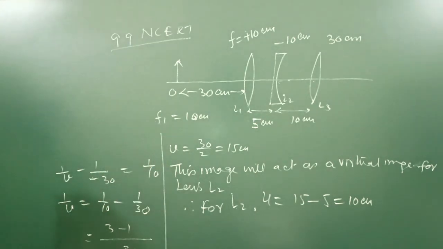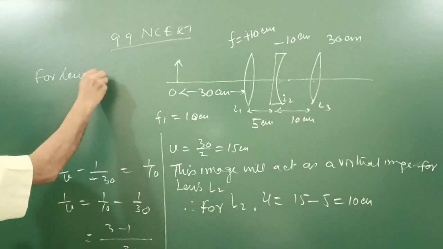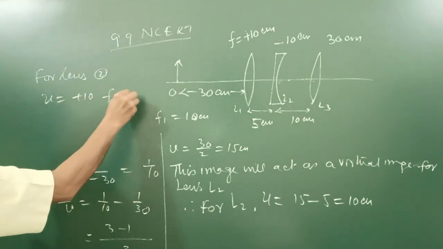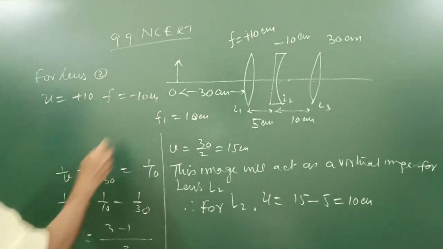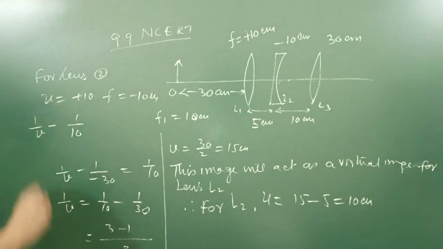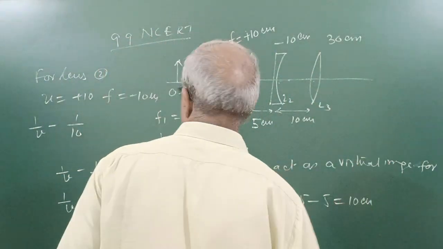Now for the second lens, for lens 2, u is equal to plus 10, f is equal to minus 10 centimeter. Again 1 upon v minus 1 upon plus 10, because the object is towards the right.